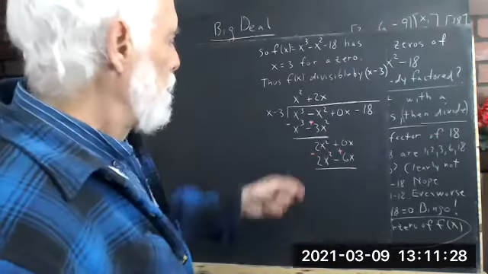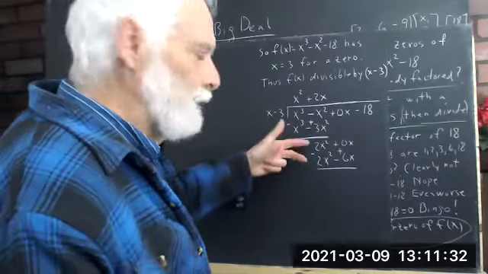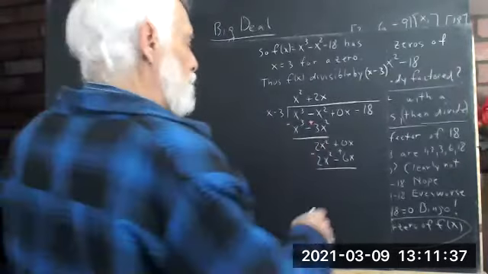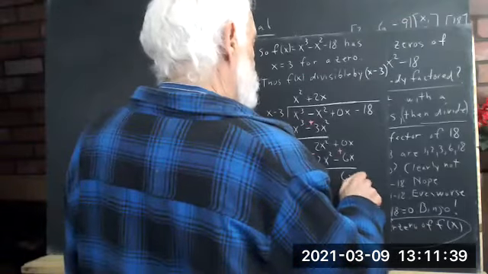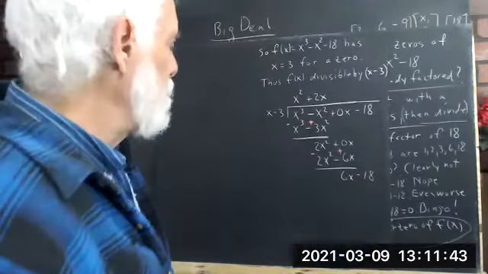We now see that the 2x squared goes away, gives us 0, 2x squared, negative 2x squared. And 0x plus 6x gives us 6x. And then we have the minus 18.